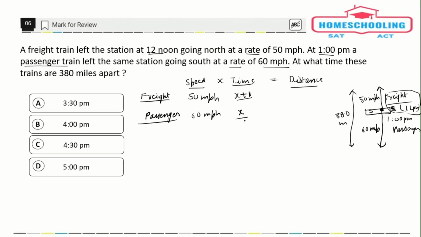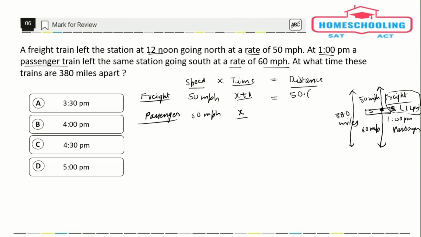We don't know for how many hours they have traveled to be 380 miles apart. So we have taken passenger as x and freight as x plus 1. What is going to be your distance? Distance is equal to speed into time.